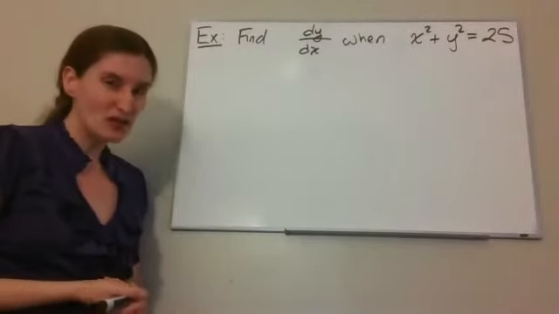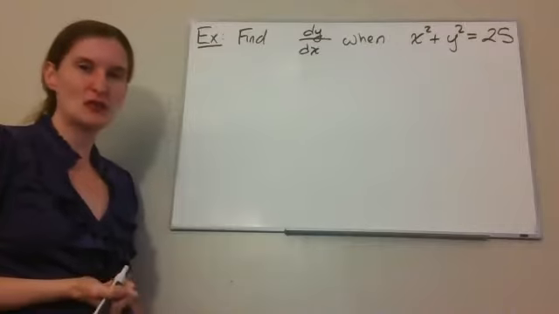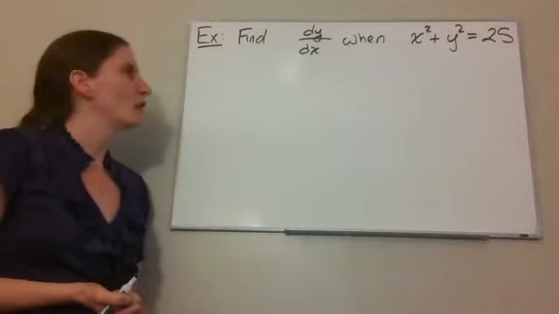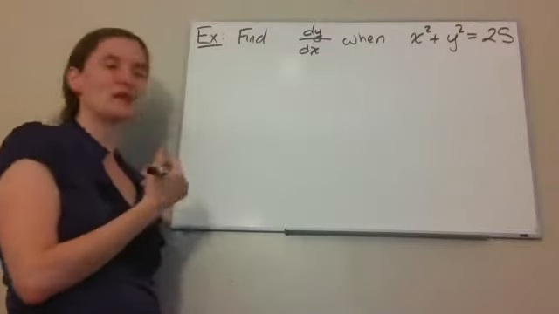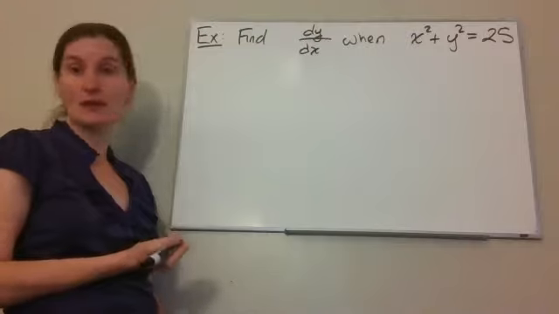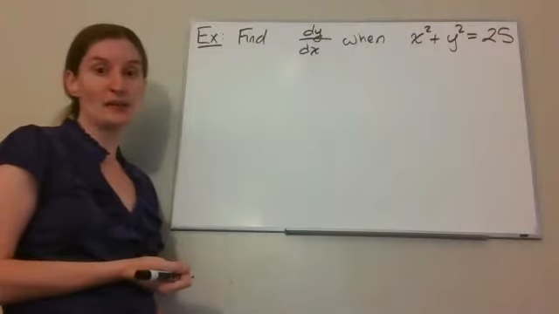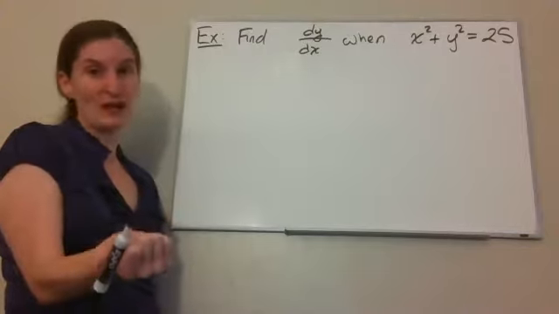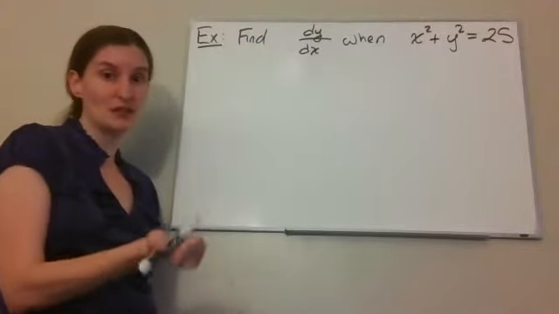It's not a function, but we can think of it as two different functions put together in the same graph. So this dy dx is still going to represent the slope of tangent lines to this circle at any possible point.